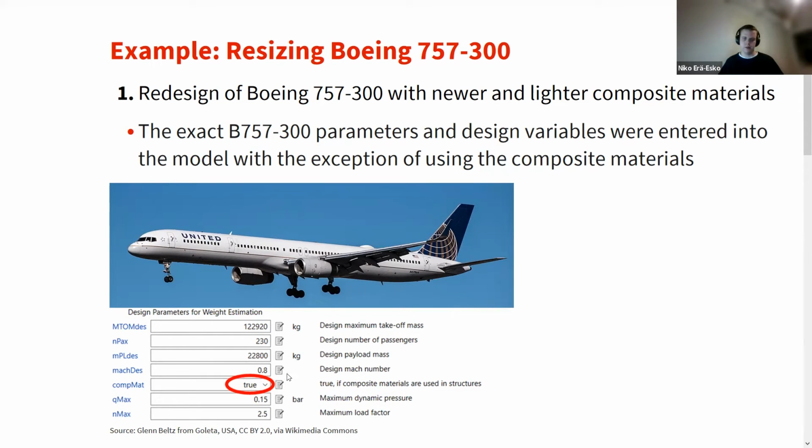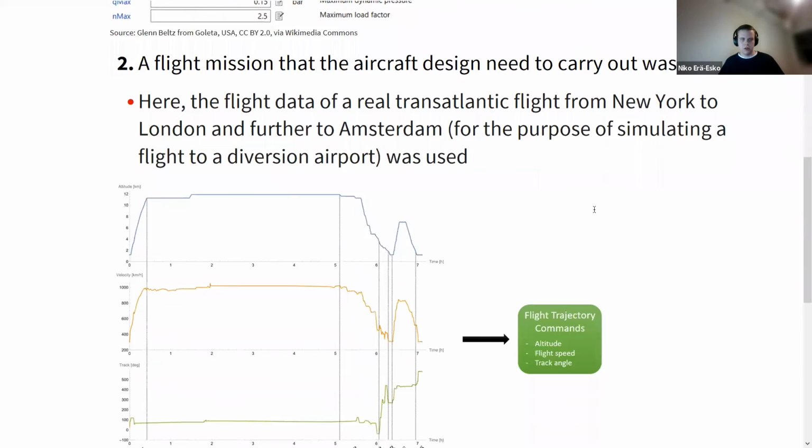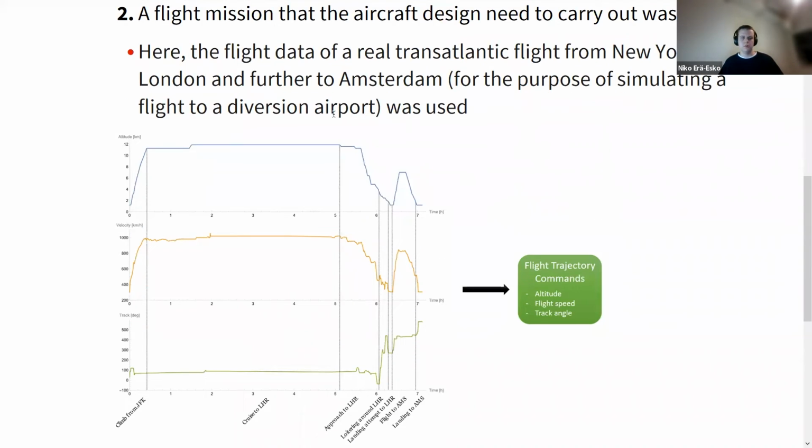And this is just one Boolean parameter that will then apply the correct weight reduction factors in the correct equations to represent the consequent weight reductions once we use those materials.